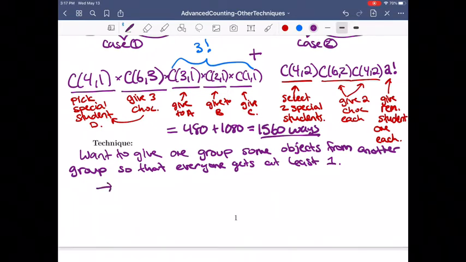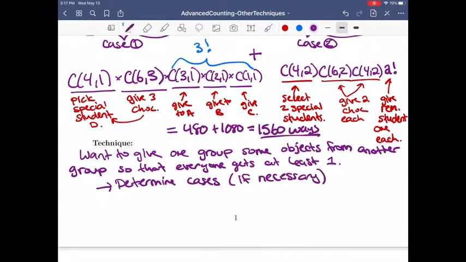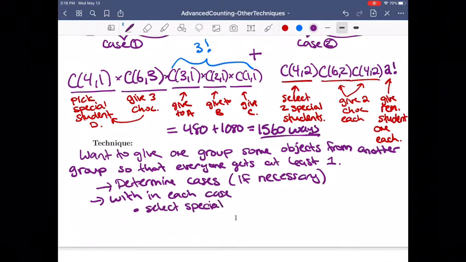So what you want to do is determine cases, if any. It may be that you don't need them, but sometimes you will. So determine cases, and then within each case, we're going to select special individuals. These are from the first group, the group that are getting stuff.